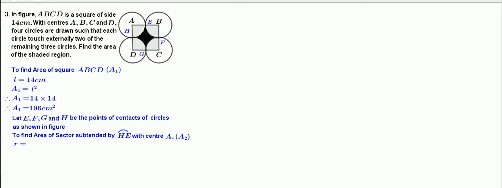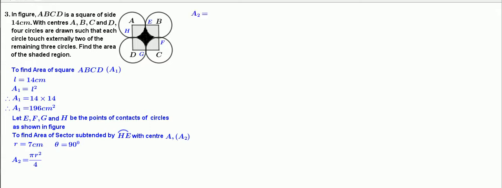Radius of circle R is equal to 7 cm. Sector angle theta is equal to 90 degrees. Therefore A2 is equal to pi r square by 4. Here 1/4 of the area of the circle with center A will give us the area of this quadrant or sector.